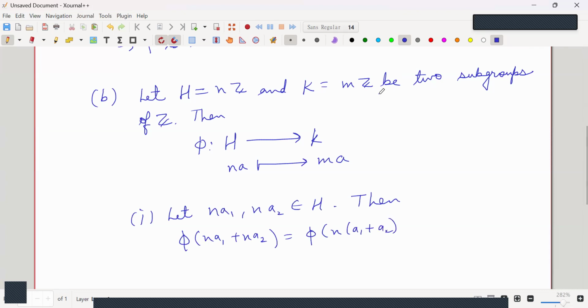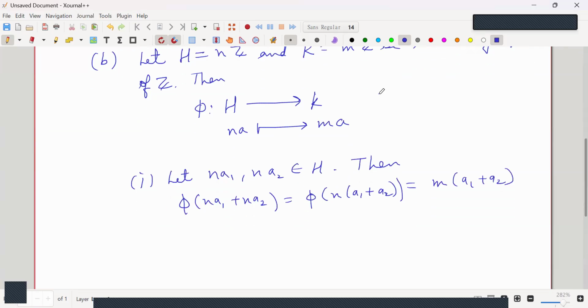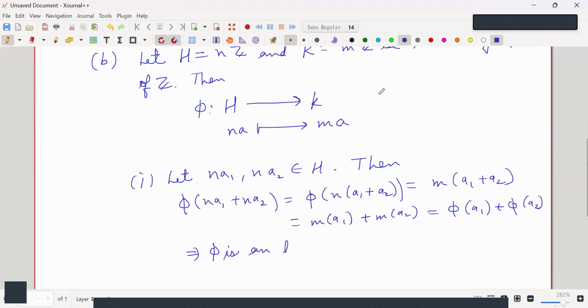By the definition, this is M of A1 plus A2, which is M A1 plus M A2, and that is phi of NA1 plus phi of NA2. So phi is a homomorphism.